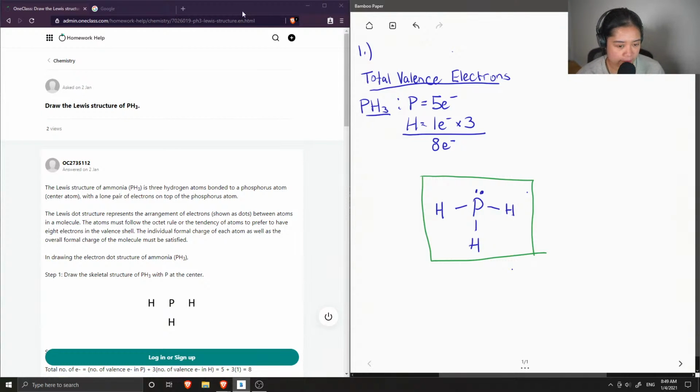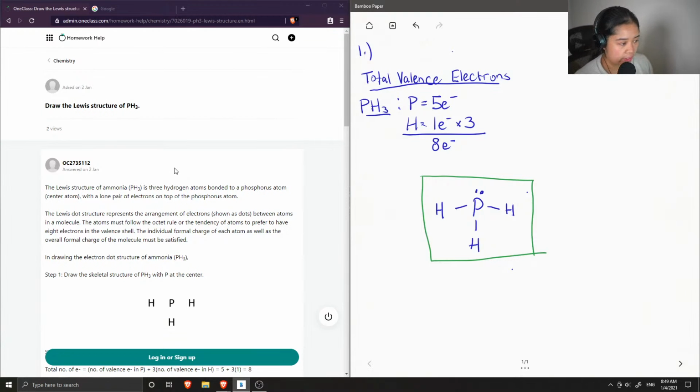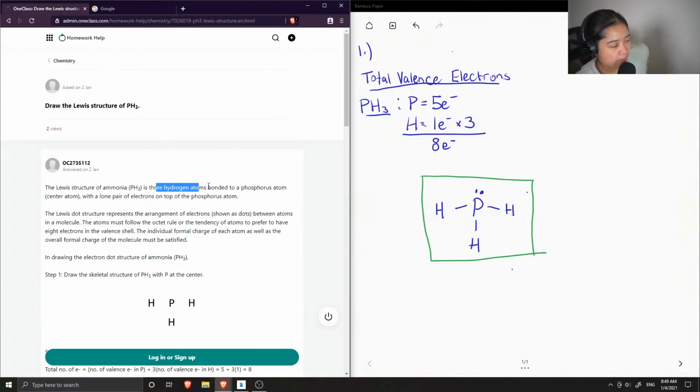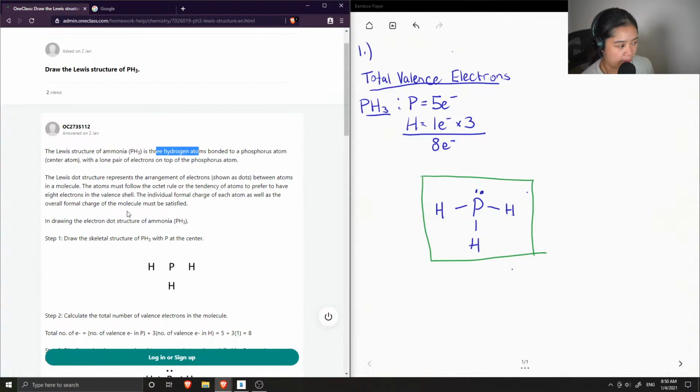The Lewis structure of phosphine, PH3, is 3 hydrogen atoms bonded to a phosphorus atom, which is in the center, with a lone pair of electrons on top of the phosphorus atom. The Lewis dot structure represents the arrangement of electrons, shown as dots, between atoms in a molecule.